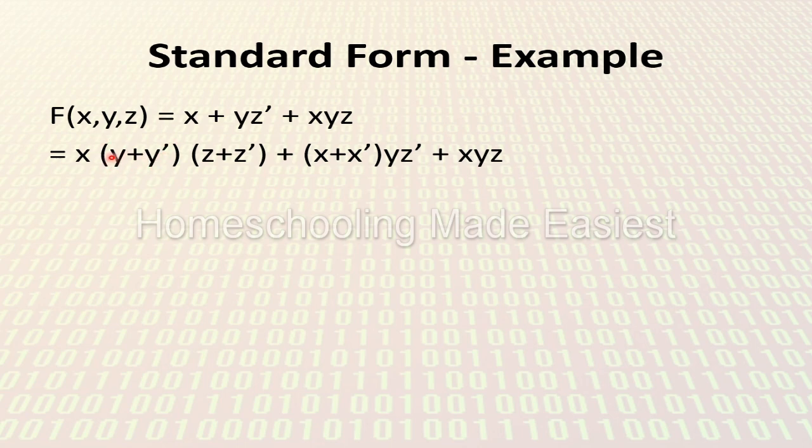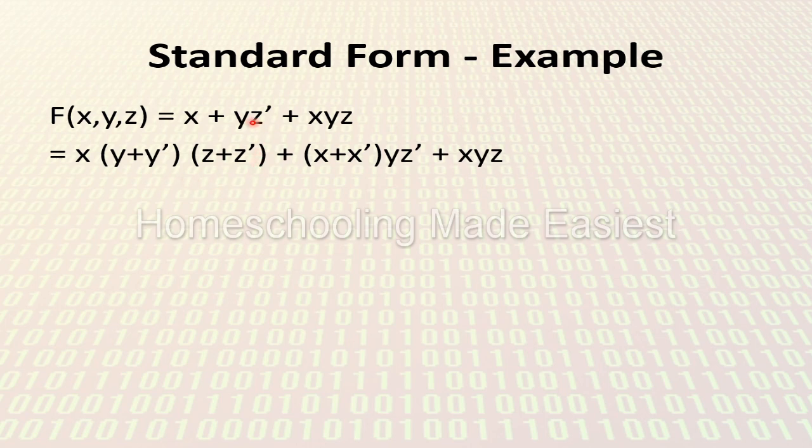And the other missing variable is z, so we again multiply by z plus its complement. This is what we do with the first term so that all the variables will be present in the term.